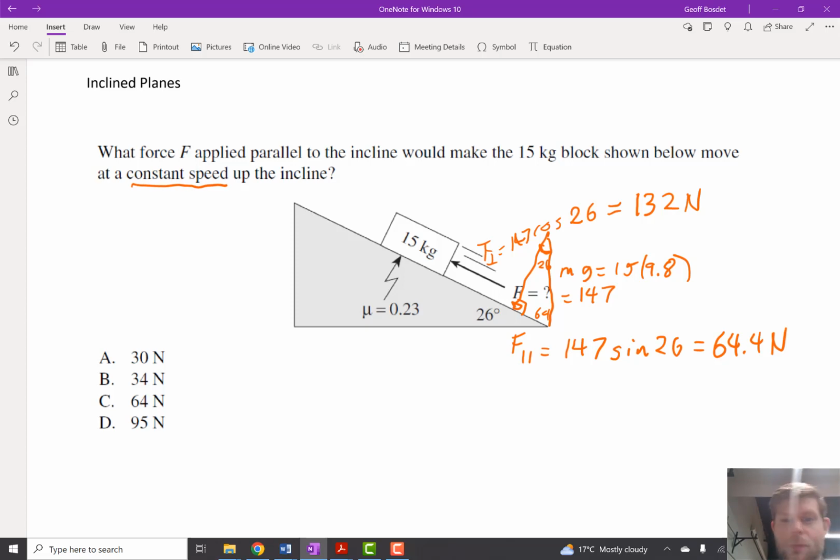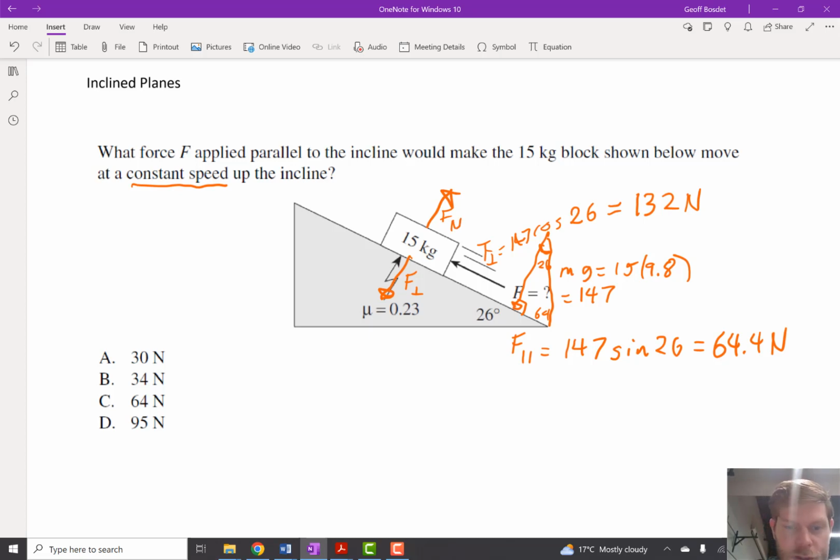And as soon as I see constant speed, I'm like, oh, my forces into the slope equal my forces out of the slope. So it's not accelerating in this axis, so these two forces have to cancel. My F perpendicular and my F normal, because normal always is straight out.